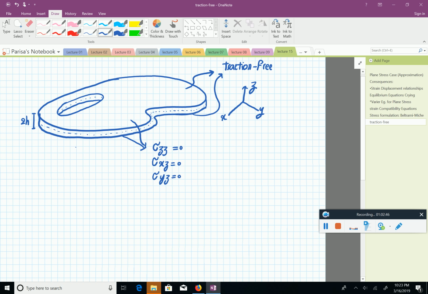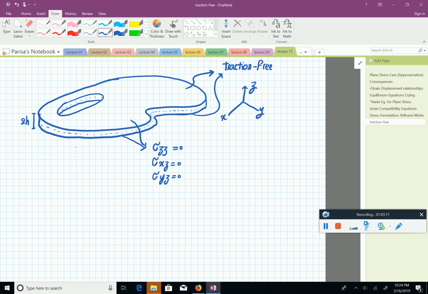And then we don't want to have any out of plane stress in any of the slices that we take, any z slices.